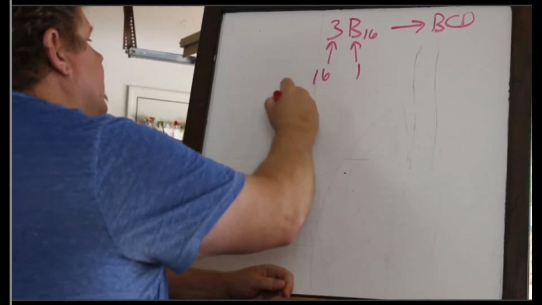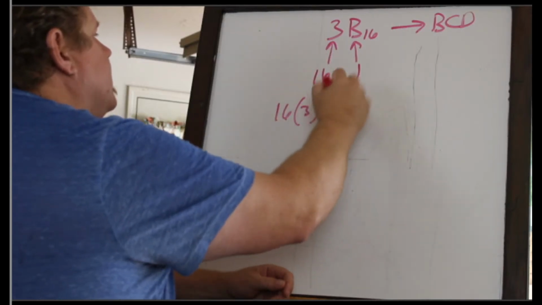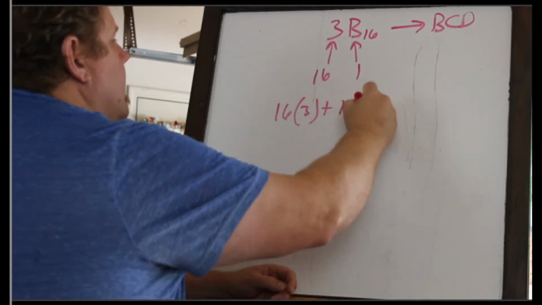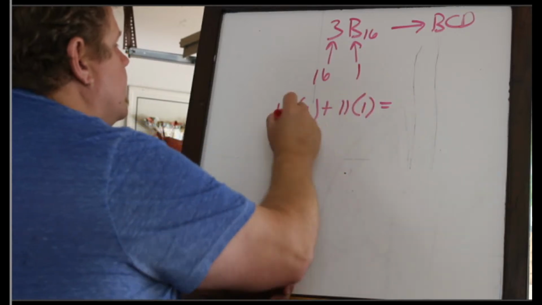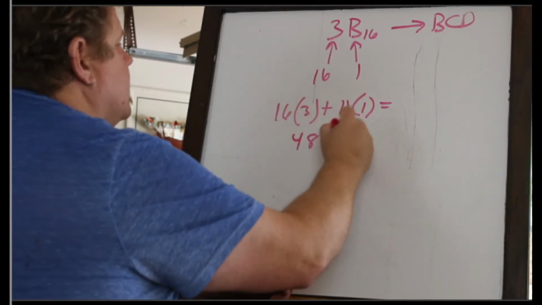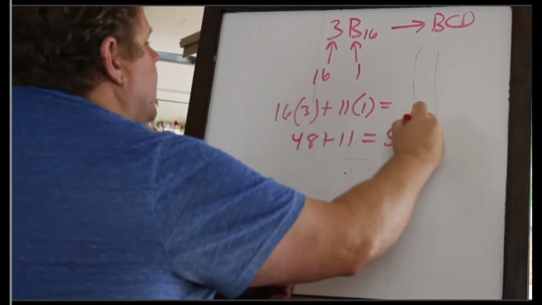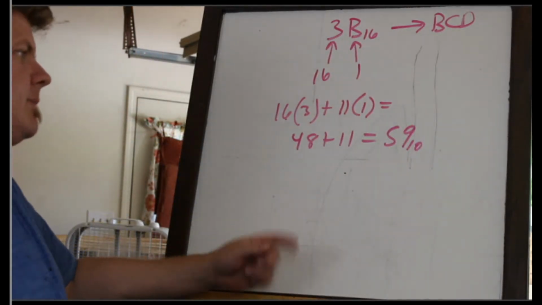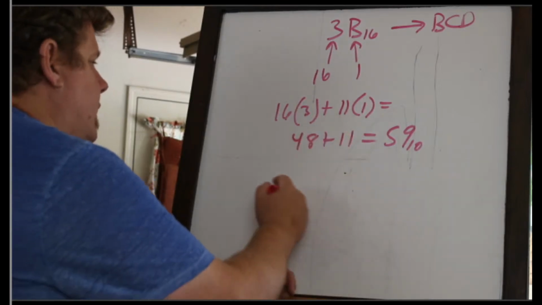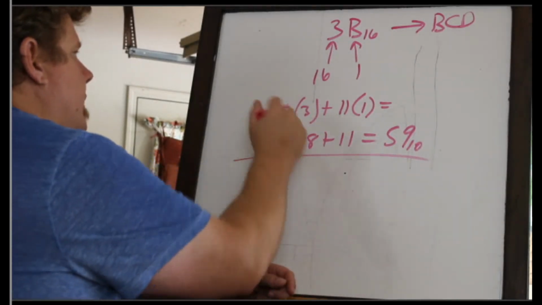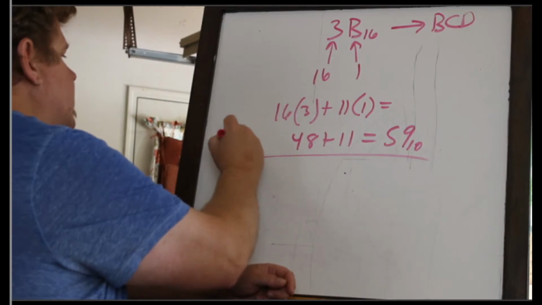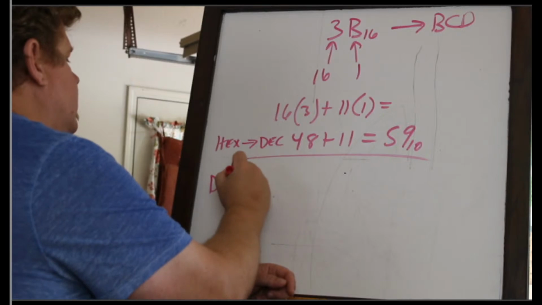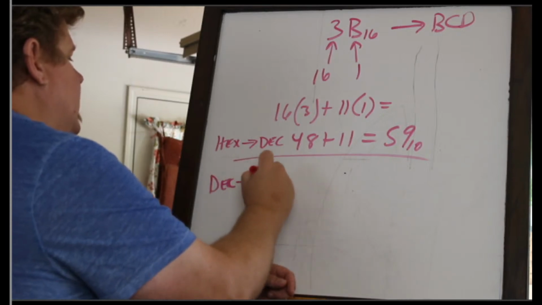Okay? So I got 16 times 3 plus B is 11, so that's 11 times 1. What does that equal? So this is 48 plus 11, so 59 in decimal. So I got to convert it to decimal first, and then once I'm in decimal, then it's just a straight conversion. Okay? So this right here, this is hex to decimal, and now this is decimal to BCD.